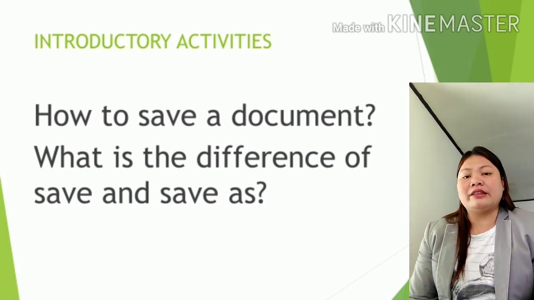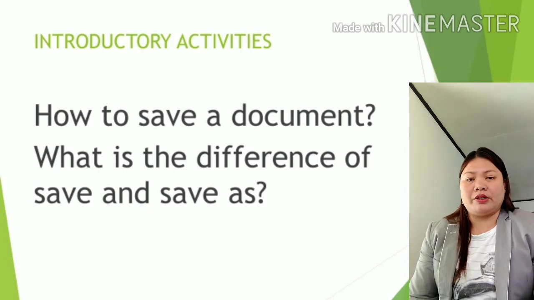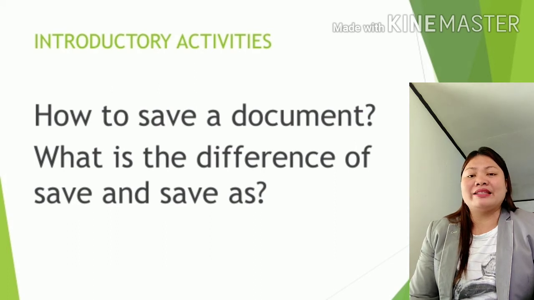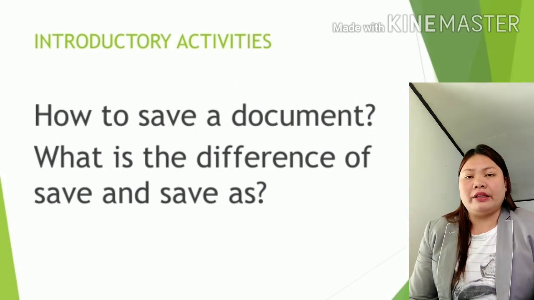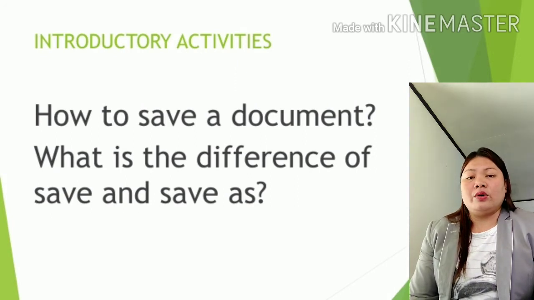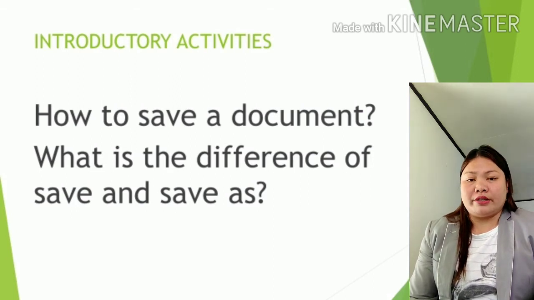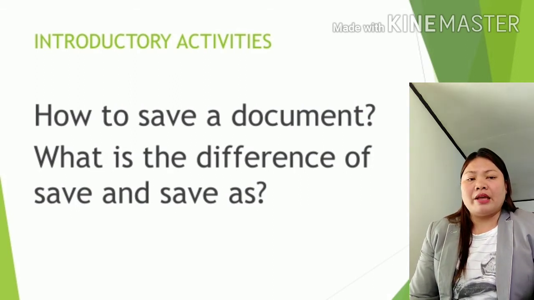In save, that is a new document. But when you say save as, you have the existing document that you are going to save. The original file will not be edited unless you are using Control S. But in save as, the existing document will not be changed.